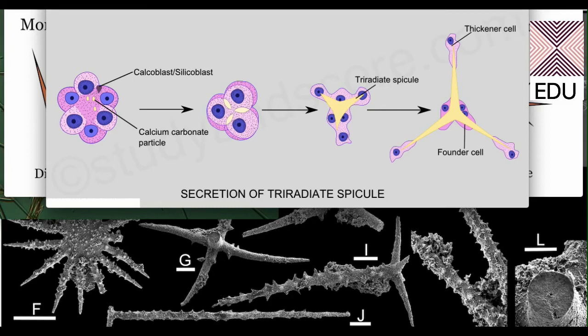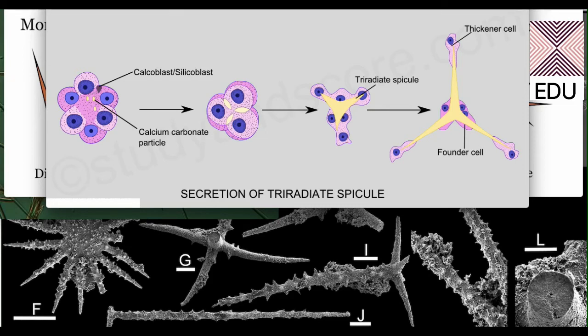If we are forming a monoradiate spicule, we need 2 cells. If we are making a triradiate spicule, we need 6 cells. So my question is, if we are making a tetraradiate spicule, how many cells do we require? Yes, these are 8 in number. So we require 8 cells.